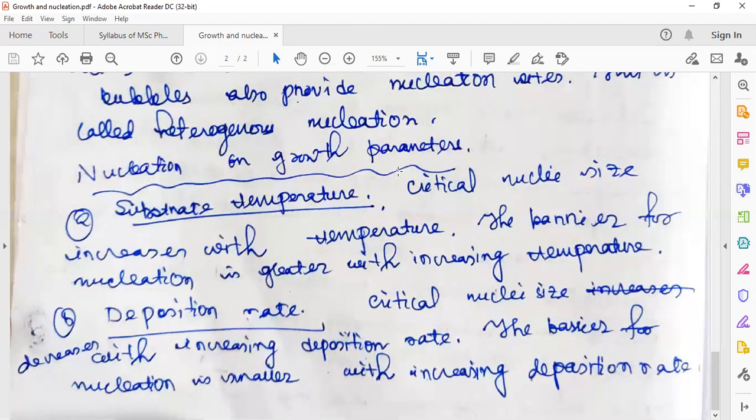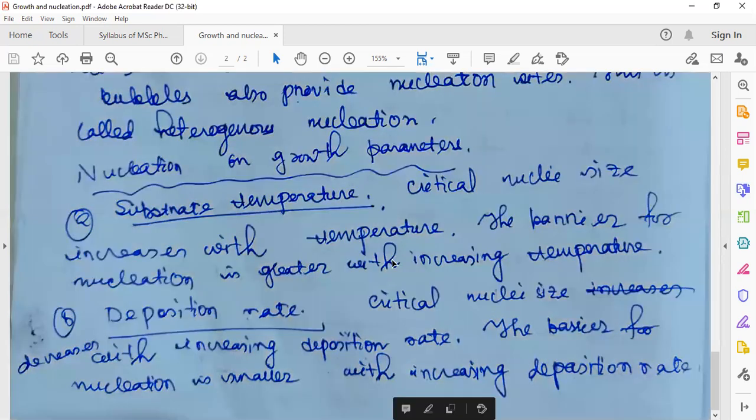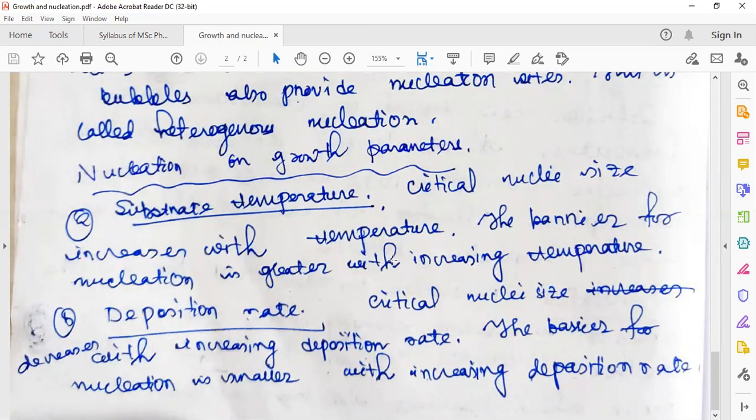Critical nucleus size increases with high temperature, so the barrier for nucleation is greater with increasing temperature. Here is something interesting. If your substrate temperature is very high, then it is difficult to do the nucleation.